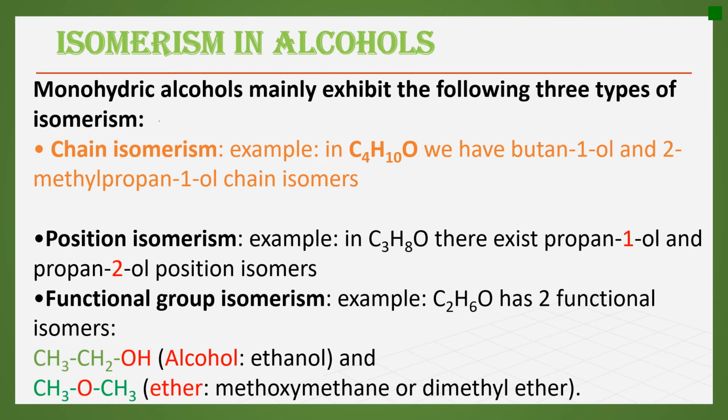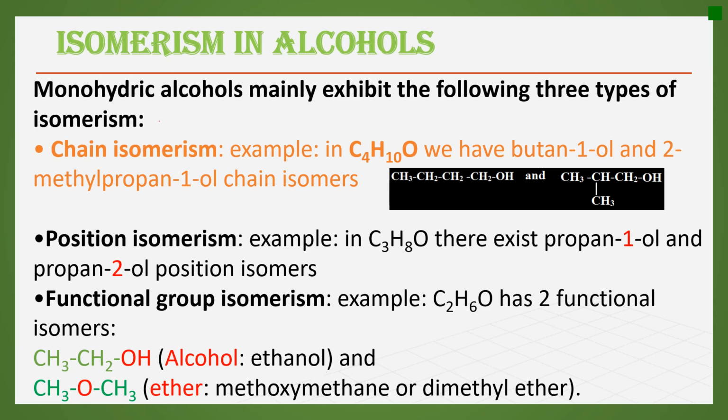The chain isomerism is the existence of isomers which have the same molecular formula but different carbon connectivity, meaning different skeletal structure. Here we have an example, C4H10O, which has two isomers, butan-1-ol and 2-methylpropan-1-ol.